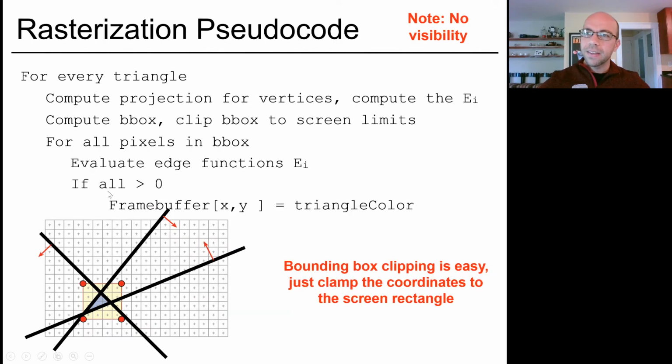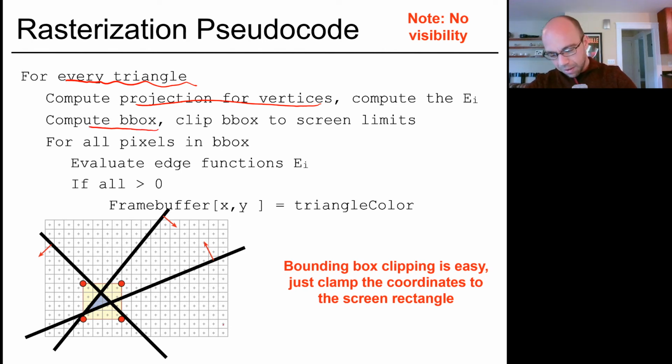In the meantime, here's some pseudocode for rasterization. Remember that, again, our outer loop is over every triangle. We're going to project the vertices like we talked about in the previous step. Now, for each bounding box, we're going to clip the bounding box to the screen limit. What that means is that if I have a triangle that goes outside of the screen, then the bounding box that I really need is maybe here.